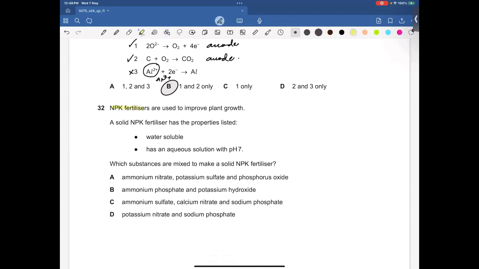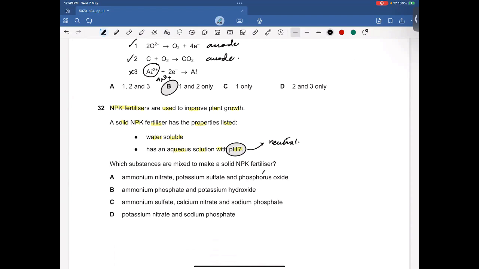NPK fertilizers are used to improve plant growth. A solid NPK fertilizer has the properties listed: water soluble and has an aqueous solution with pH 7. pH 7, that means neutral, right?